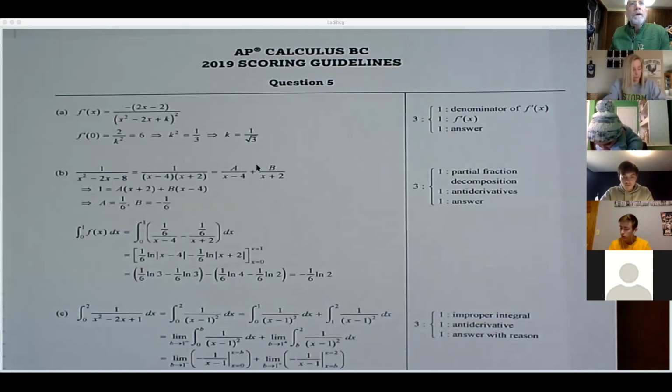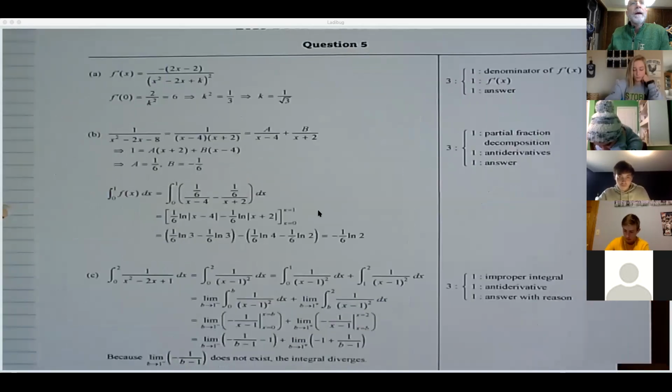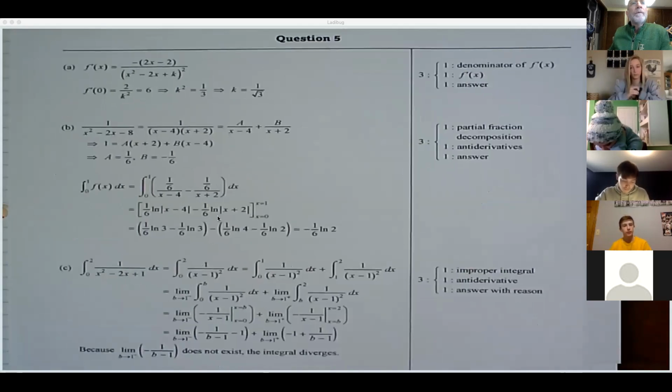This part right here is worth 1 point. Then, if you computed the antiderivative, this is the antiderivative you should have had. You could also have 1/6 the natural log of x minus 4 over x plus 2. Does everyone see that you could combine these logarithms into one? And then 1 point for this answer.